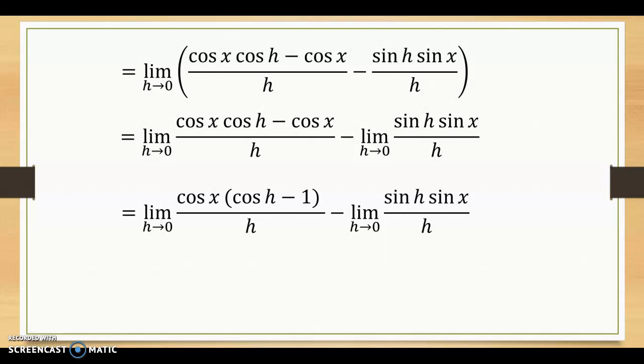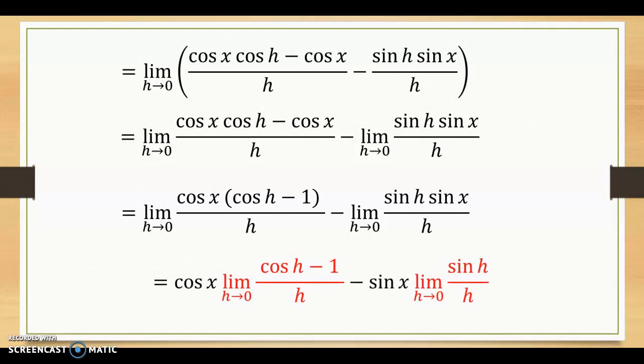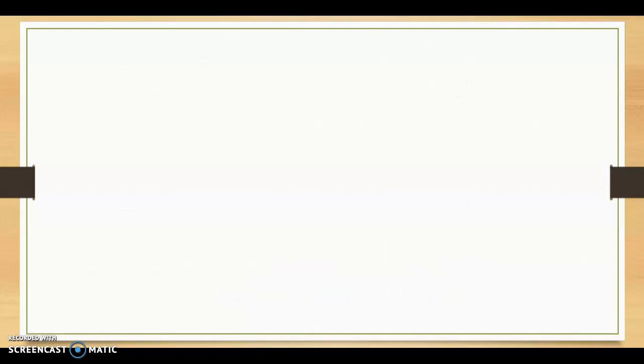In the second limit, sine of x is not dependent on h and can also be withdrawn. So extracting those two constants, we are leaving our recognizable special limits behind. The first of which goes to 0, the second goes towards 1. This time cos of x is multiplied with 0, and minus sine of x is multiplied with 1.